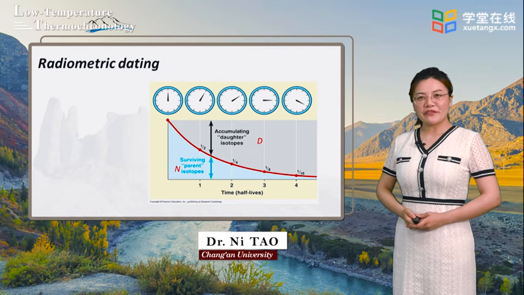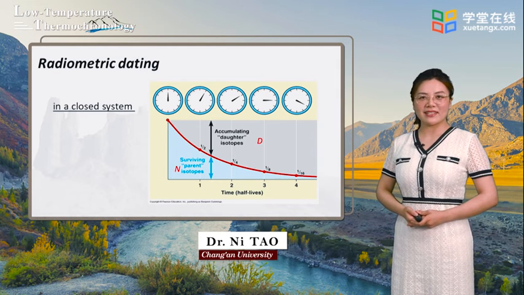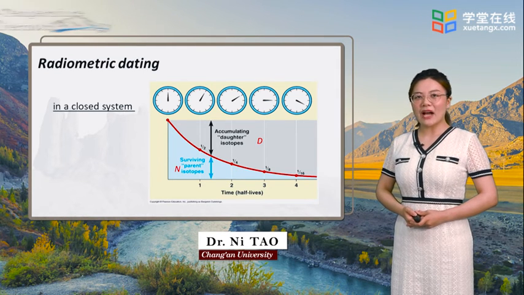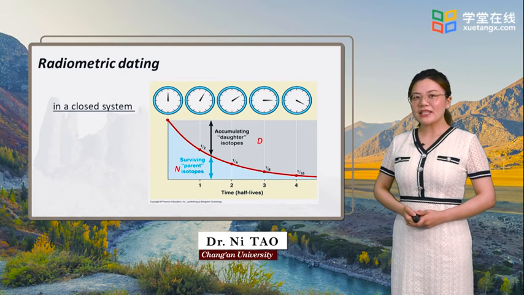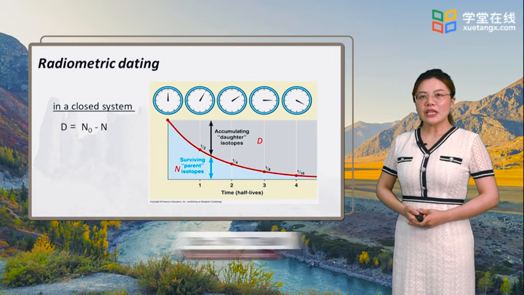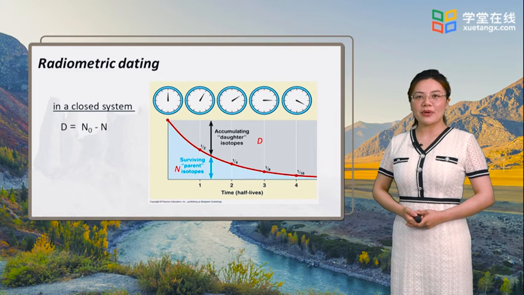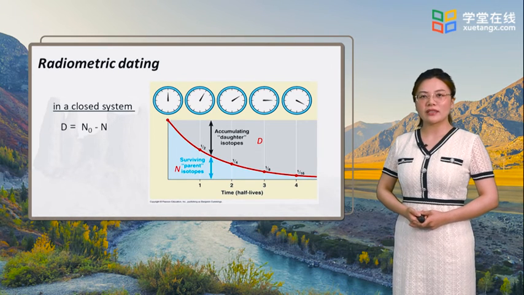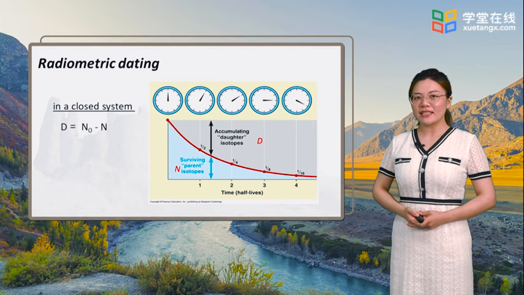As is shown in the figure, in a closed system, the number of daughters produced is simply the difference between the initial number of parents and the number remaining after a certain time t. This correlation can be described as D equals N0 minus N, where D is the number of non-radioactive daughter isotopes that are formed over a period of time t.